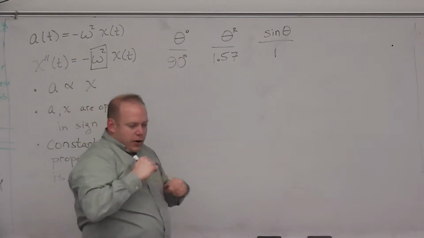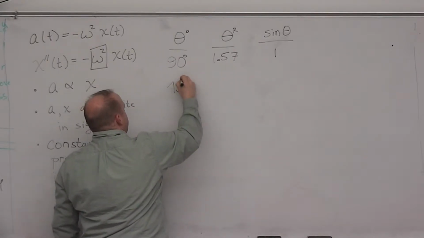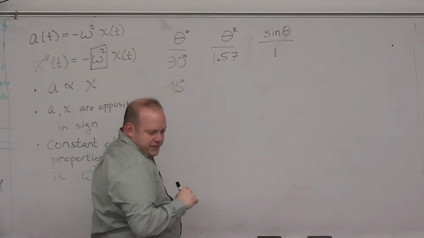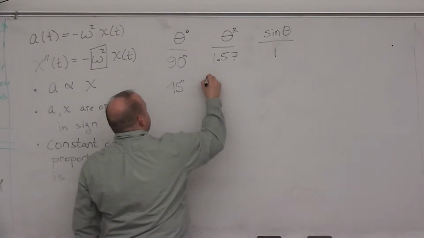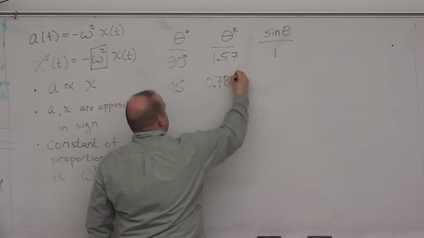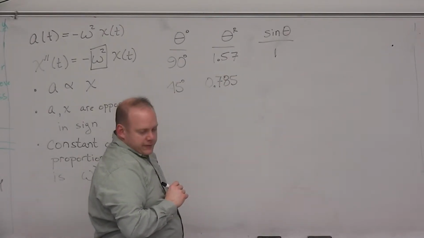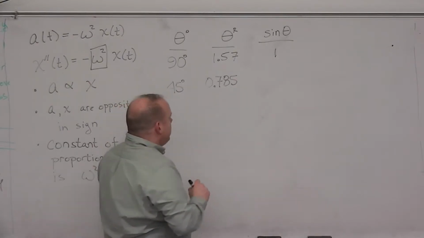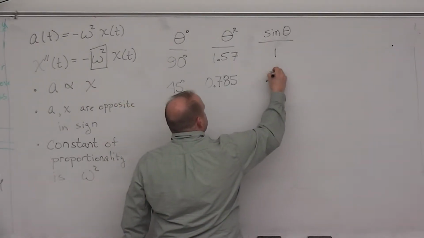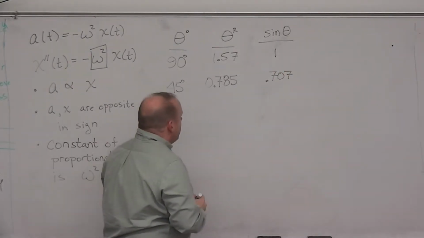So let's cut this down to 45 degrees. 45 degrees gives me 0.785, that's pi over 4 radians, and this gives me 0.707. Again, nothing terribly interesting.